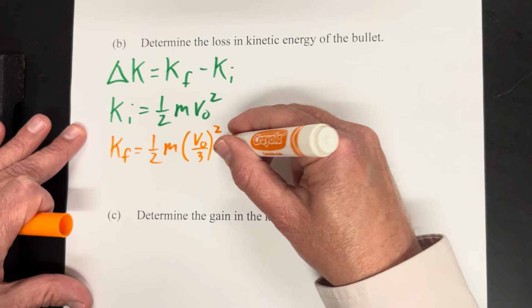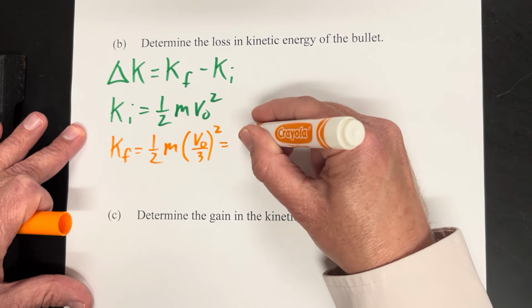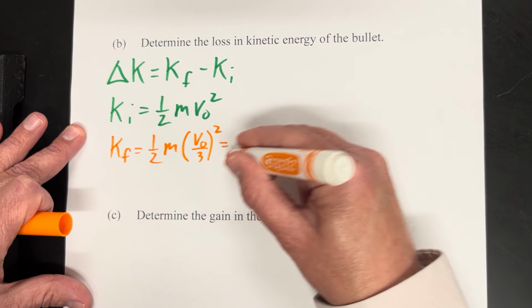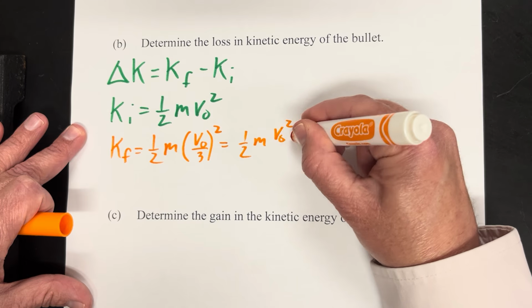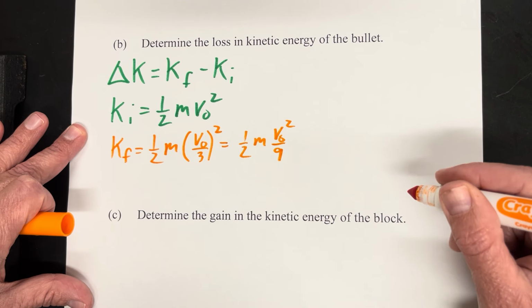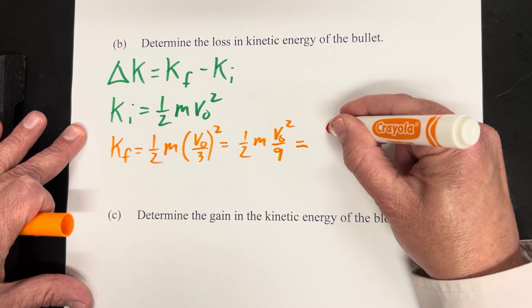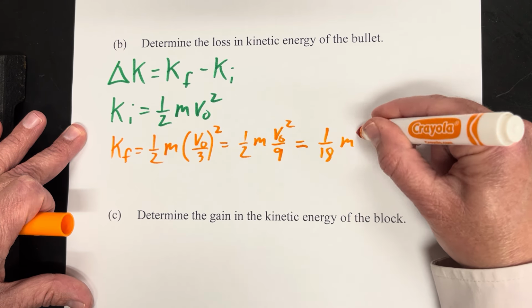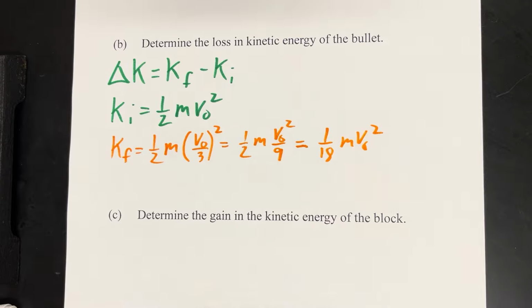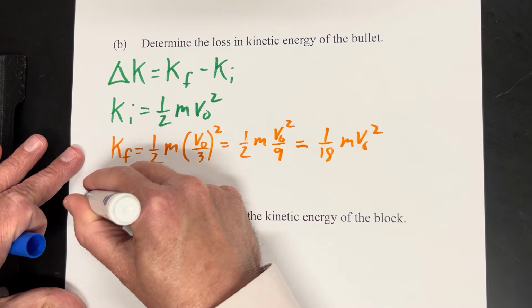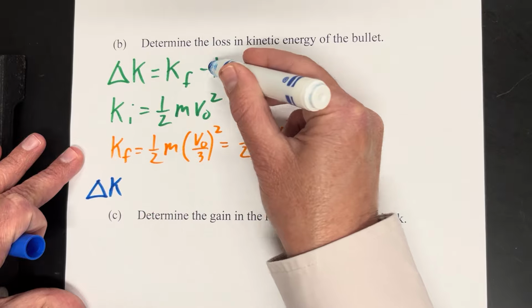Let's clean this up a little. We get 1/2 times mass, and v0 over 3 squared is v0 squared over 9. Multiplying the 1/2 by the 1/9, we get 1/18 m v0 squared. The last part is the subtraction, because the change in kinetic energy is the final minus the initial.